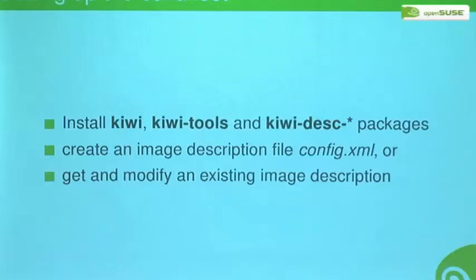Your main job is to create the config XML file, like the one I showed you before. You can start from scratch and create your own, or you can just take one and modify it. That's the usual way. You check out one, you take the KW Live DVD, or some other that you like or is almost what you need, and just tweak it a little bit and you get your own image.